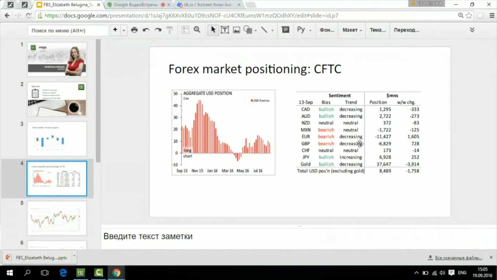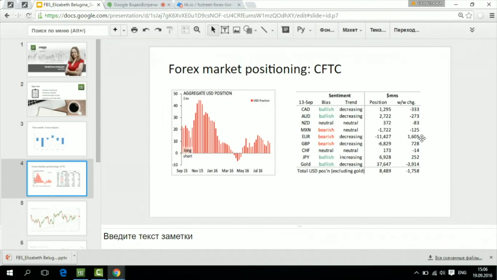There are some interesting changes in the market sentiment for other currencies. For example, we can see that the bias for the euro remains bearish. However, this negative bias is decreasing, and there was a rather sizable decrease in this net bearish euro position.